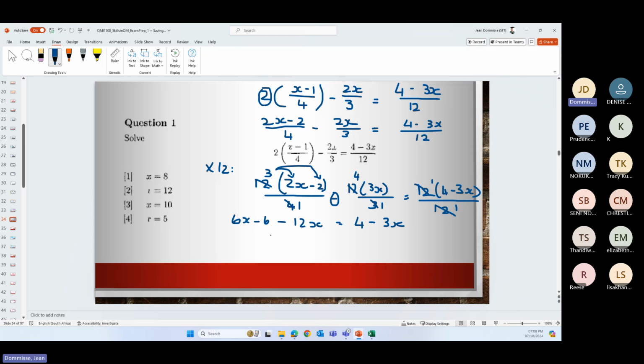Okay, so then we can simplify a bit. 6x minus 12x is minus 6x. Minus 6 is equal to 4 minus 3x. Then take all the x's to the left-hand side. Okay, wait, let me quickly see. Okay, thank you.